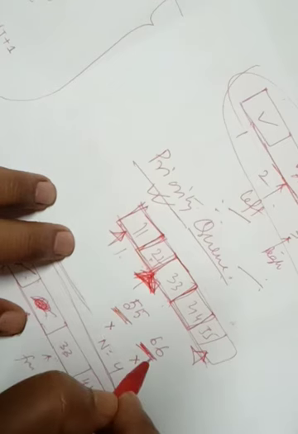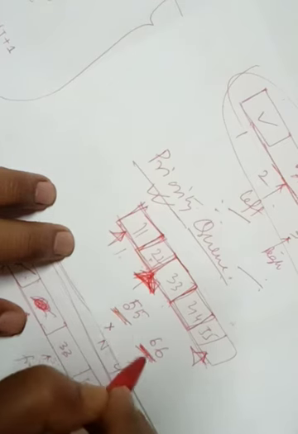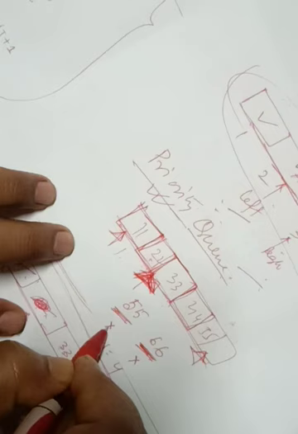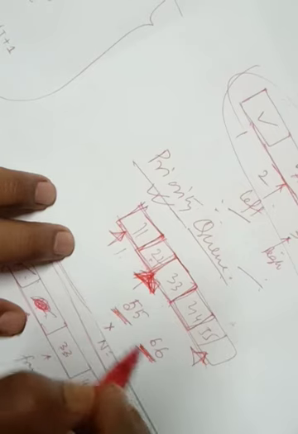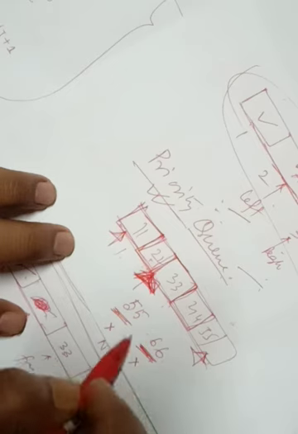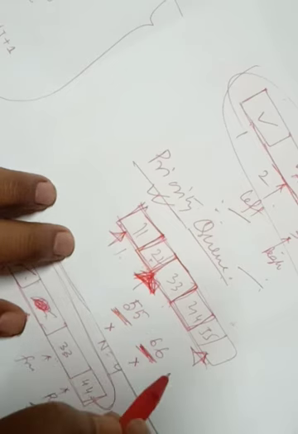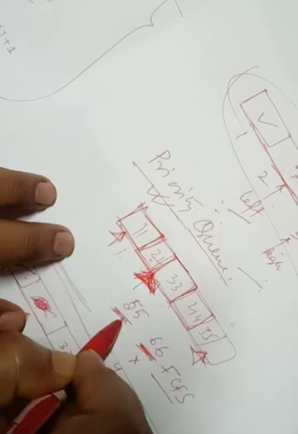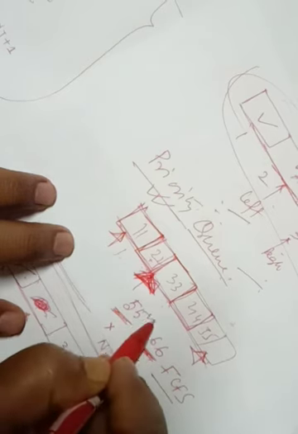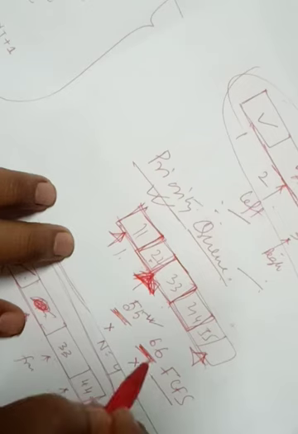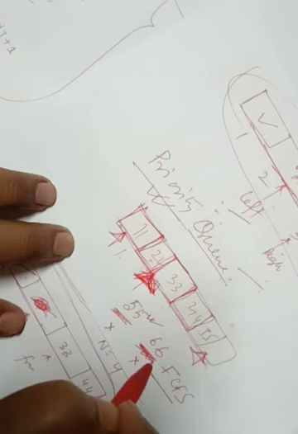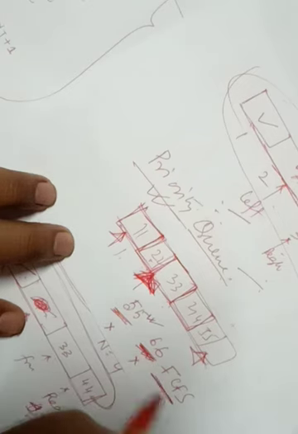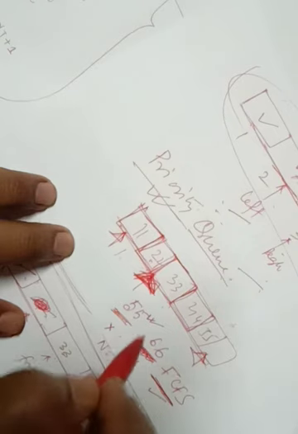Because both items have the same priority value, they are processed according to the order in which they were added to the queue. That is first come first served basis. So if 55 comes before 66, then 55 will be inserted first, then 66.